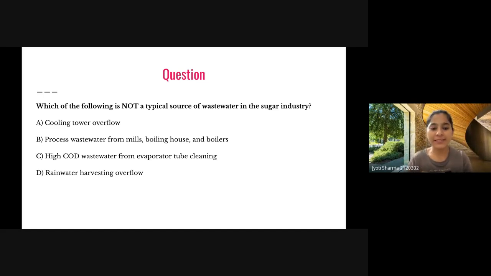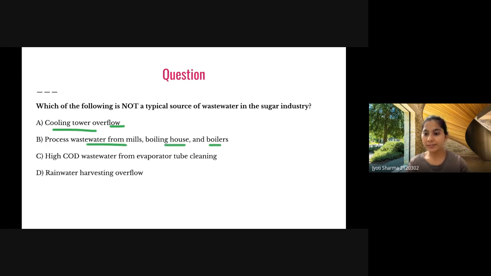We already have seen that we have to boil the syrup. If we are boiling the syrup, then after that we have to use some coolant to cool that syrup at a fast pace. So we have to use some cooling water, and that cooling water is again very challenging to dispose. Then we have some wastewater from mill, boiling house, and boiler.